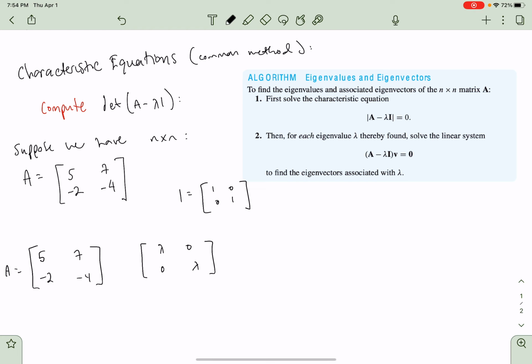That's equal to A. We're going to subtract the two. What we're going to end up with is 5 minus lambda across the diagonal, 7 that remains constant, -2 that remains constant, and -4 minus lambda.